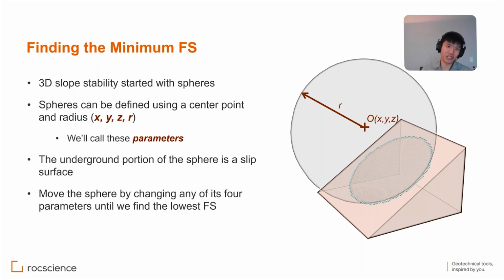How this works is a sphere is defined using 4 parameters: the XYZ location of the center, and a radius. The portion of the sphere that goes underground forms the slip surface that will be analyzed. Then you can alter the values of these parameters, the X, Y, Z, and R, to change the slip surface and find the lowest factor of safety.